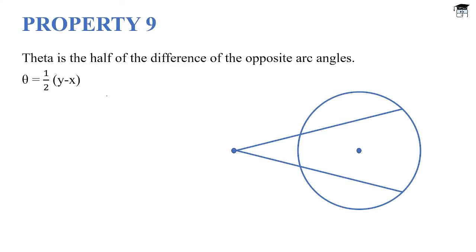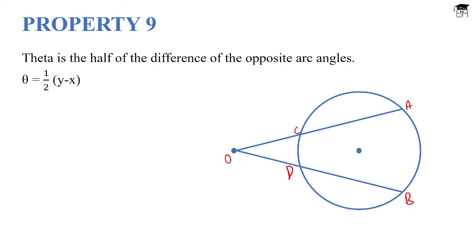Alright, so now let this point be O. This is A and this is B, and C and D. From point O, there are two secants, that is OA and OB. A single point from where two secants are crossing.